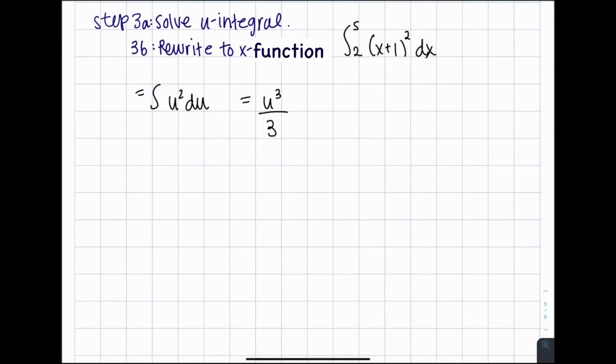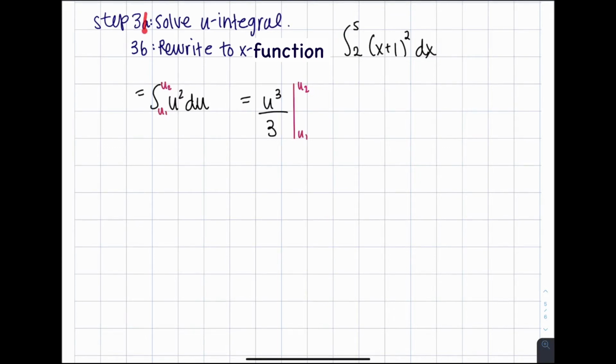So let's review together how we could go about solving a definite integral using u-sub. When we're trying to evaluate the u-integral, we're going to want to keep our boundaries in mind. So I like to use u1 and u2 to represent my potential u boundaries, which are not necessarily equal to my x boundaries. This is dependent on our u function, the one that we chose.